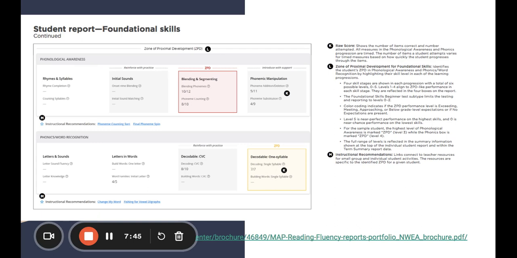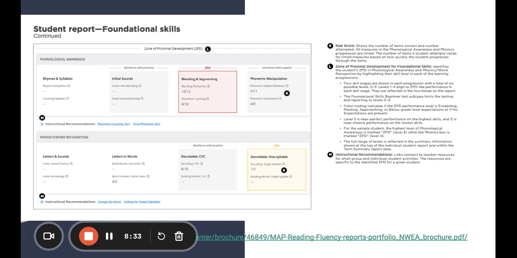Those are the 2 highlighted boxes. Again, below, the blue highlighted links are activities that directly support that ZPD goal. So some of the work has already been done for you. It's connected. It's very helpful.